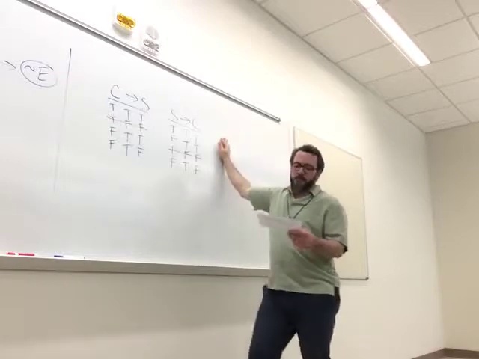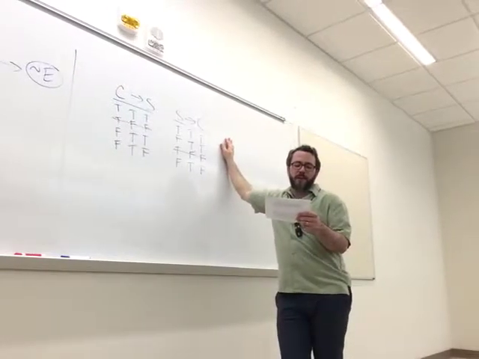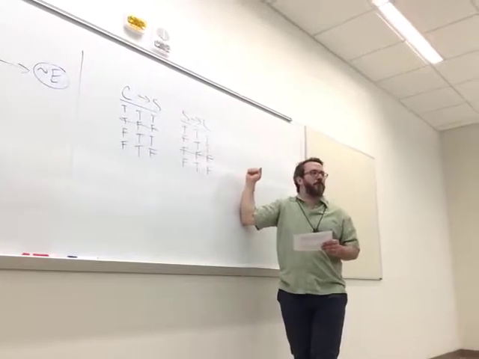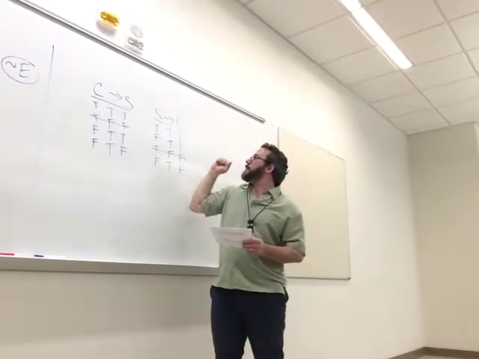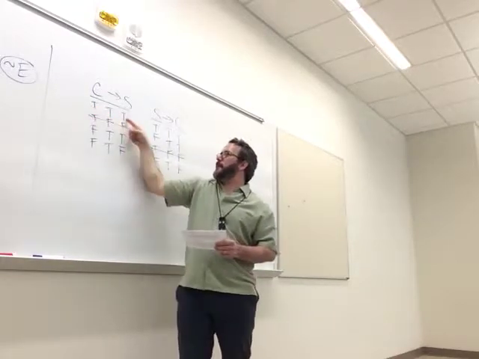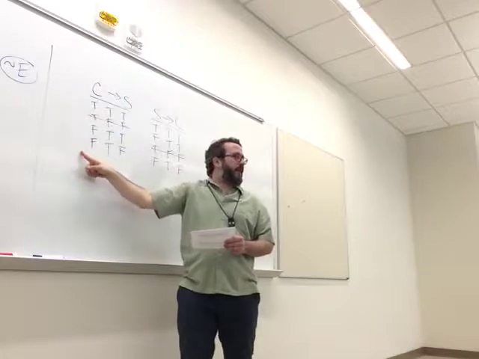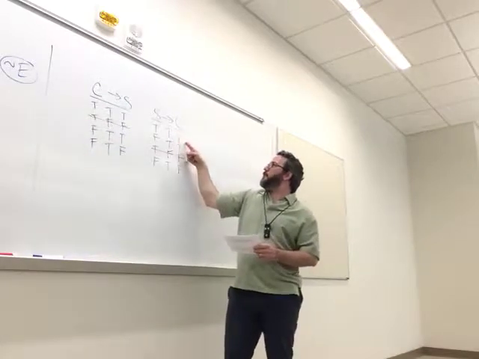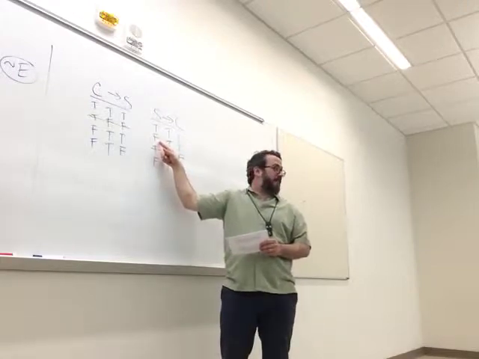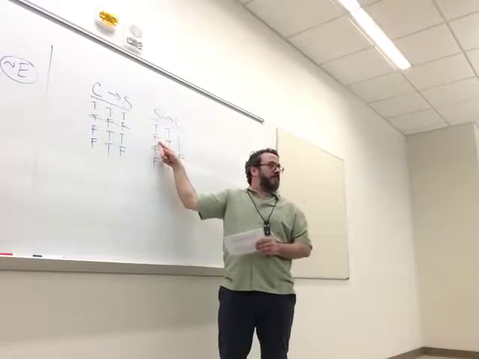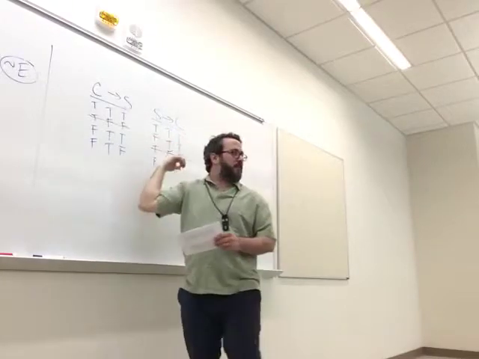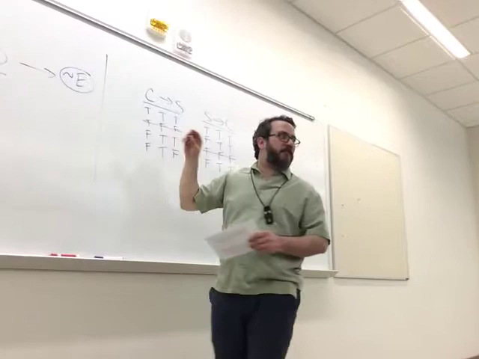So now, which of these tells me that a robot is conscious only if it has subjective experience? C is only true when S is true. This one, right? C is true, S is true, and C is never true without S. Here, C true and S false is a possibility, because on this line we're going from false antecedent to true consequent instead of true antecedent to false consequent.